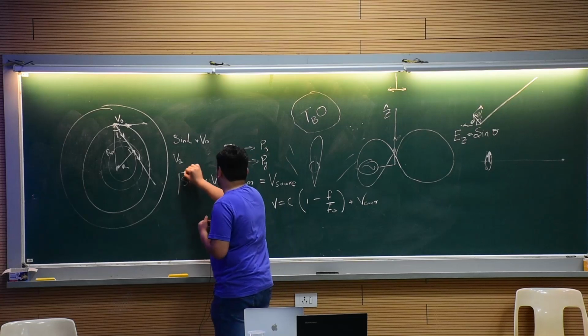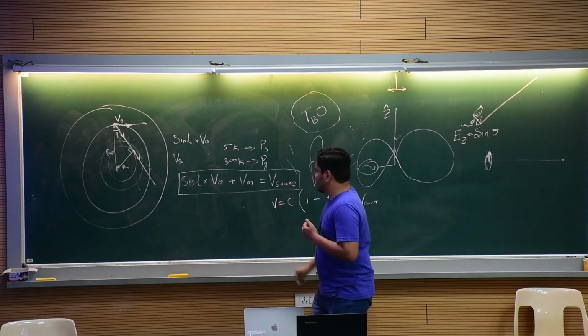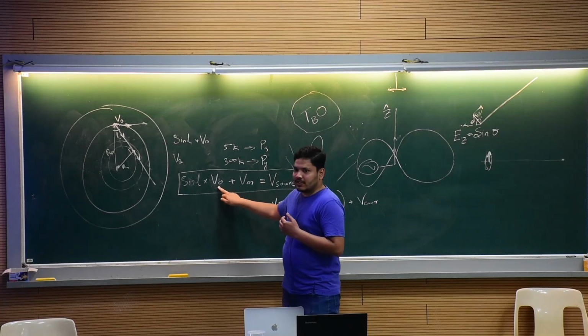So this is the equation for the source velocity. This is the measured velocity, this is the velocity of the sun.